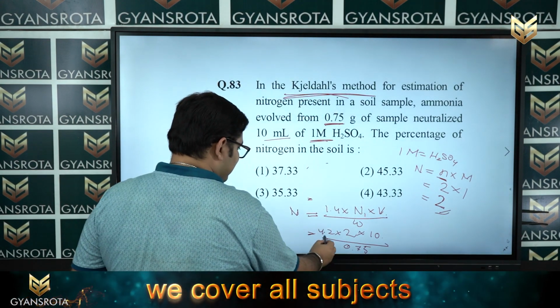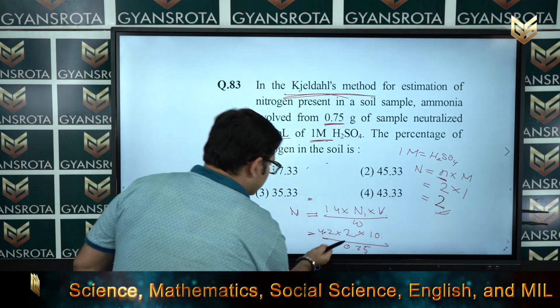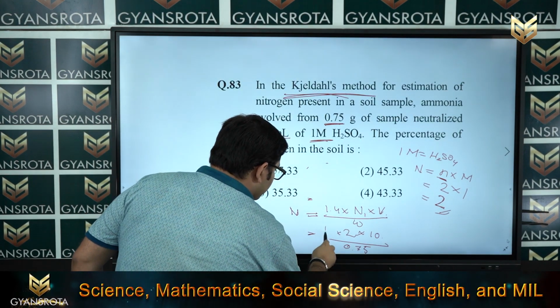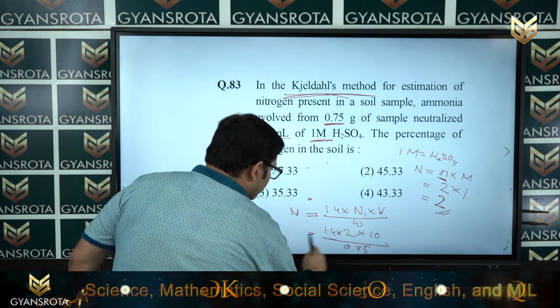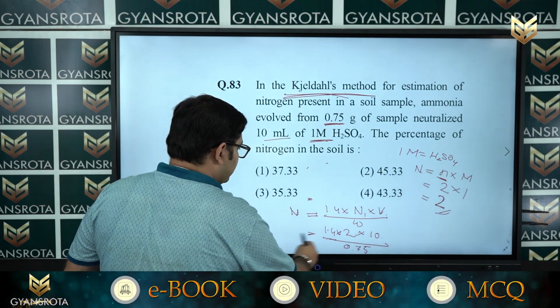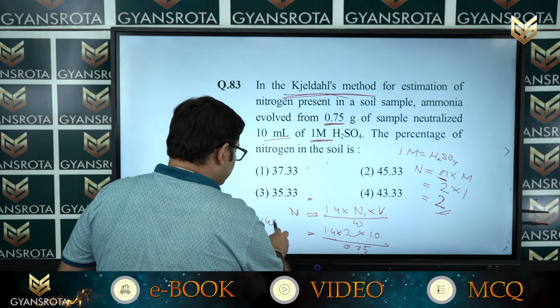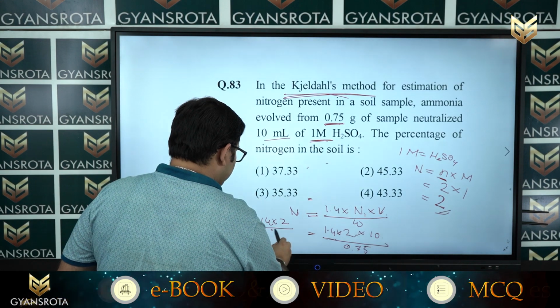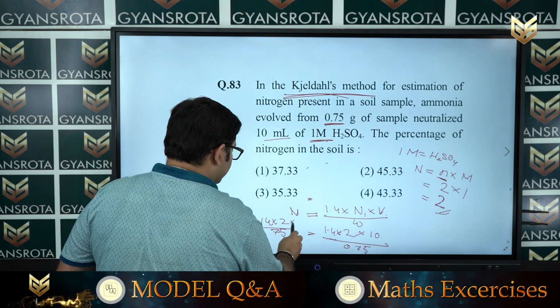So, if you are doing this one, 4.2, sorry, 1.4, not 4.2, 1.4 and 0.75. So, it will be 14 into 2 divided by 75 into 100.